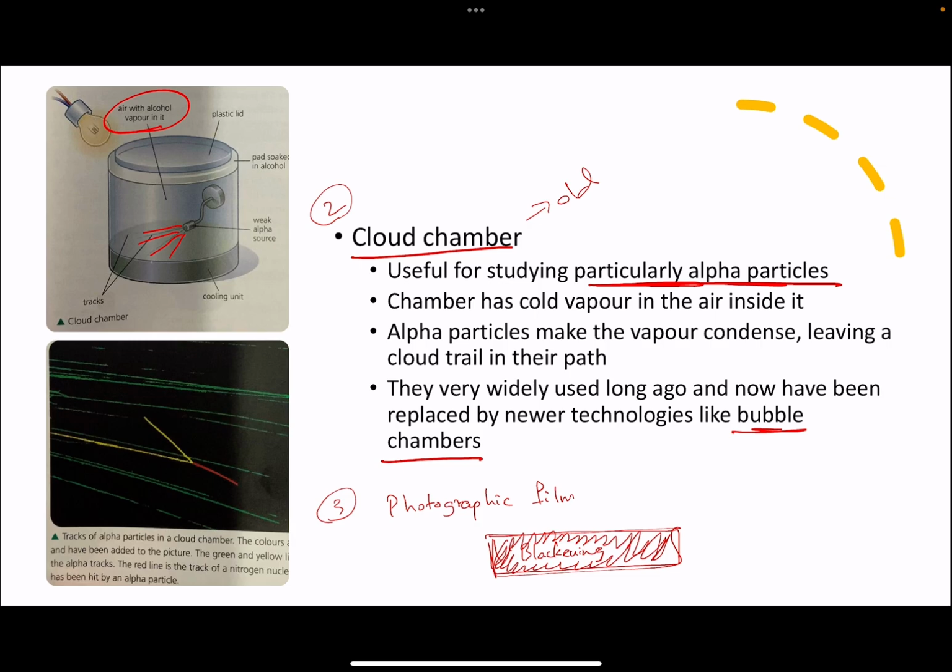So a black photographic film is a sign that you have been exposed to a lot of radiations and now you need to take a break, because exposure to a lot of radiation can be dangerous. So this was the detection of alpha, beta and gamma radiations, and now we are going to continue this chapter in the next part.